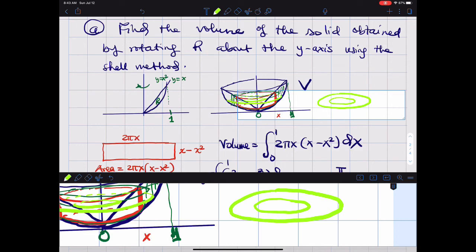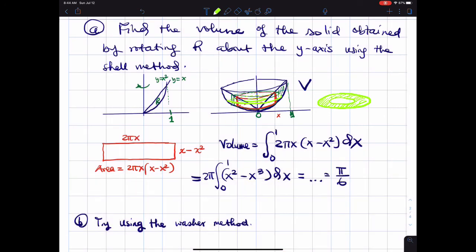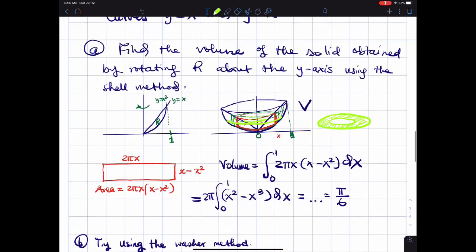The disc is also going to run along the y-axis, from 0 to 1 still. Find the inner radius and the outer radius, and then integrate it. So that's what I want you to try using the washer method.